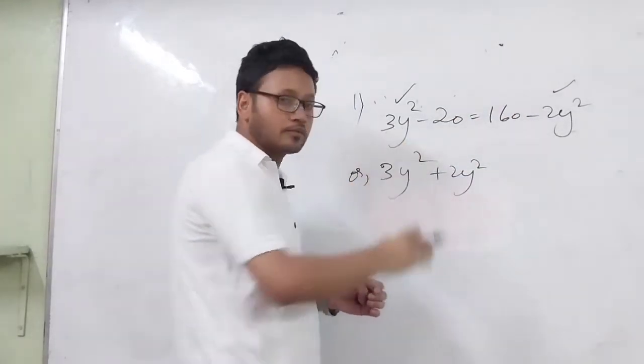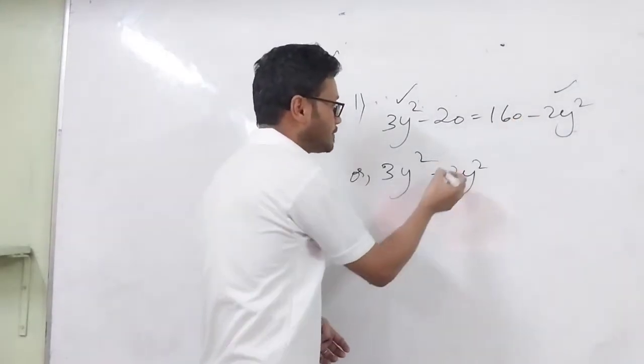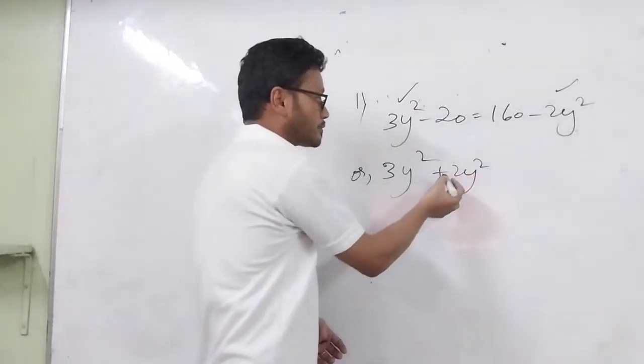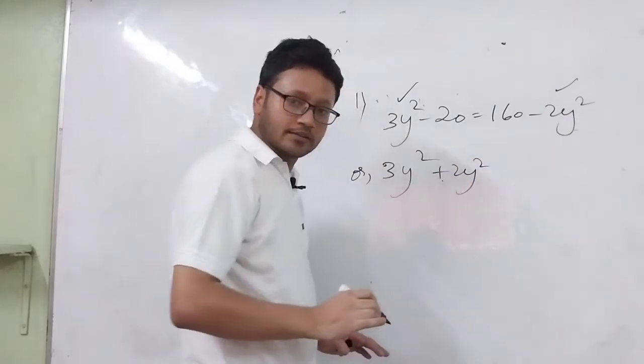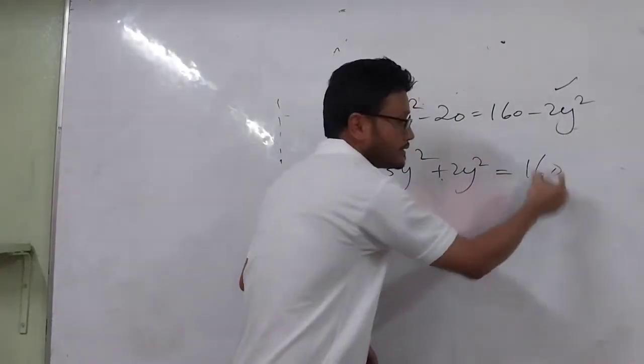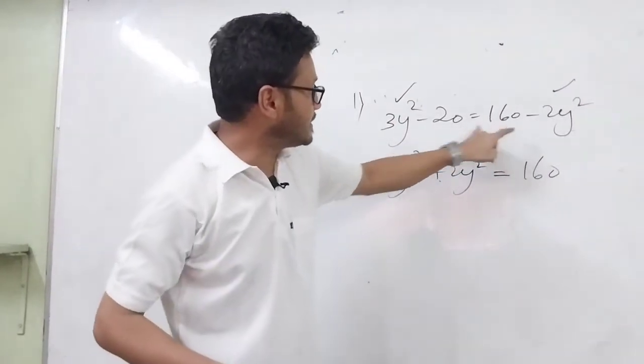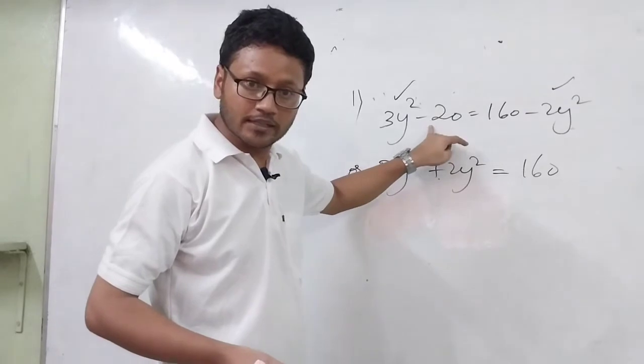Why? Because like terms we have to write together. Minus becomes plus, plus becomes minus. Simple. Again you write 160, the same thing, we are just bringing it down. Then the like term of 160 is 20, so minus becomes plus.